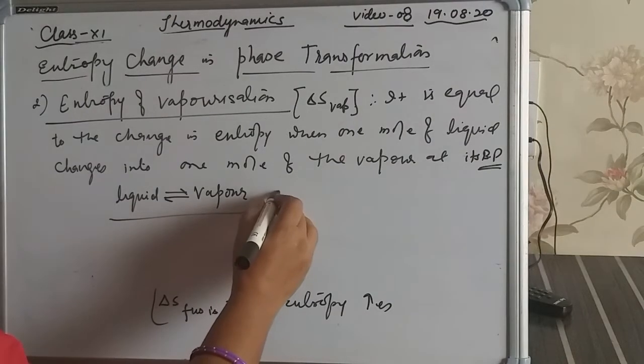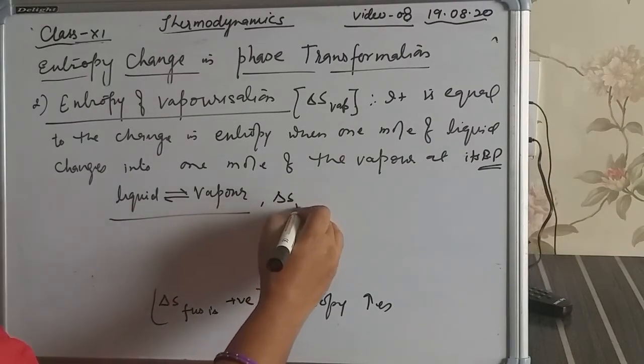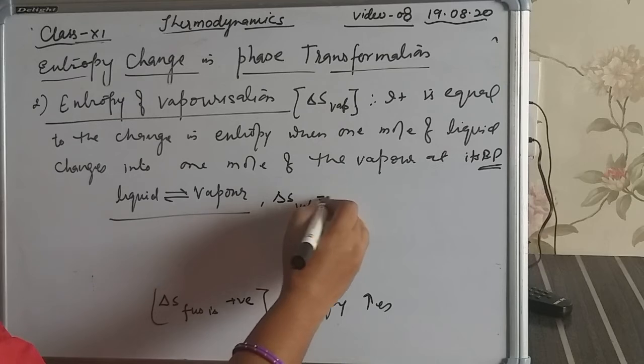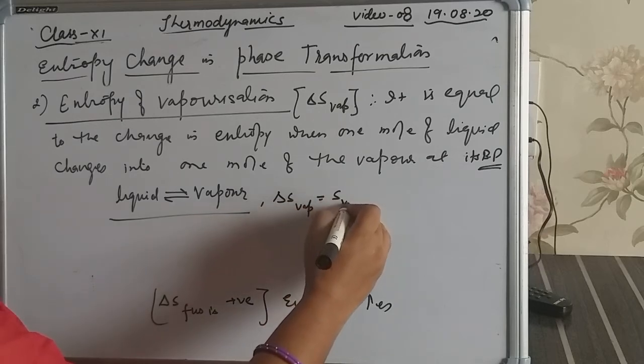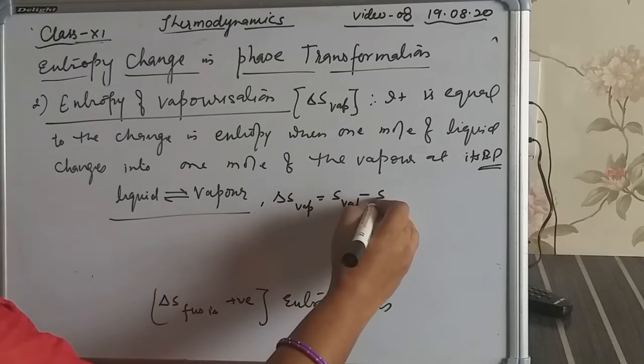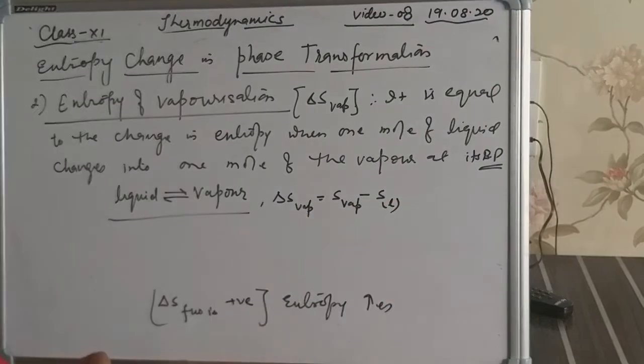So delta S vaporization is final minus initial.